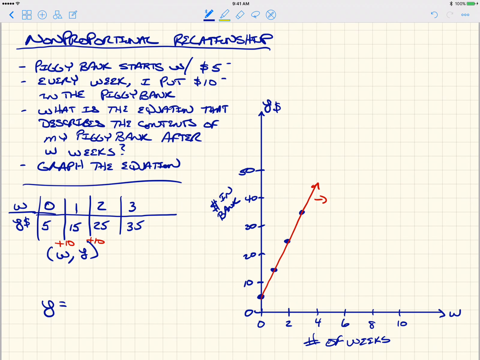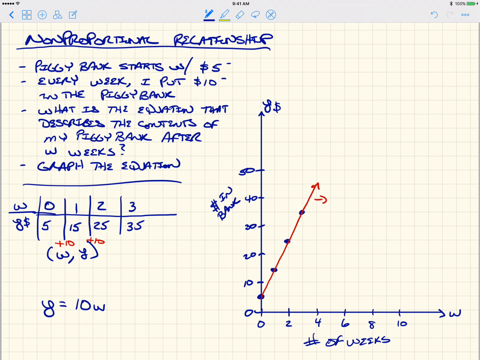Anytime that we're drawing a line, we have the slope times the input. So our slope is 10, our constant change, times the input. The input in this case is W. But it's 10 times W, and then it's going to be plus the initial value of our line.